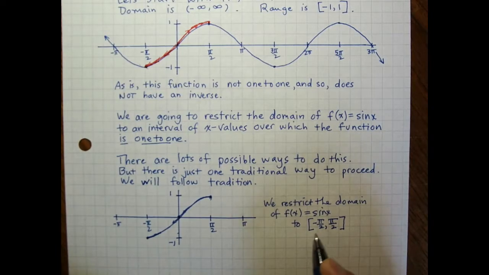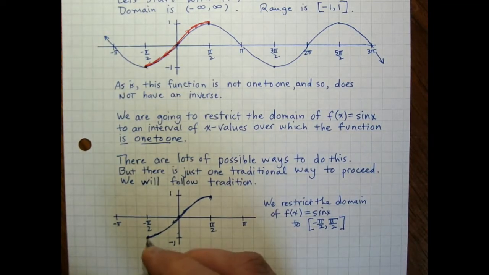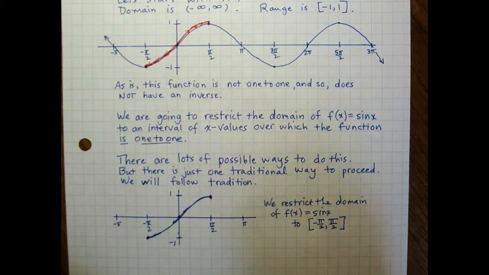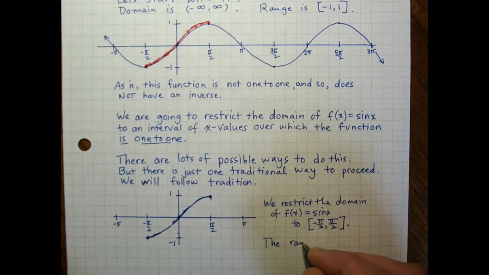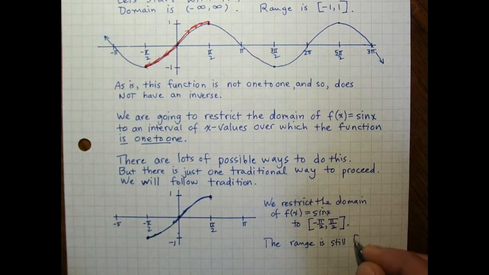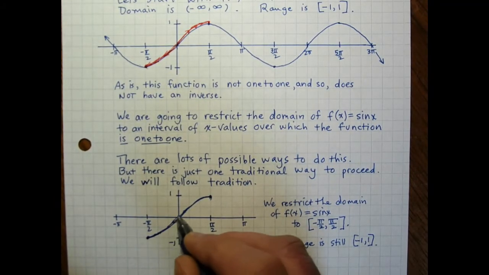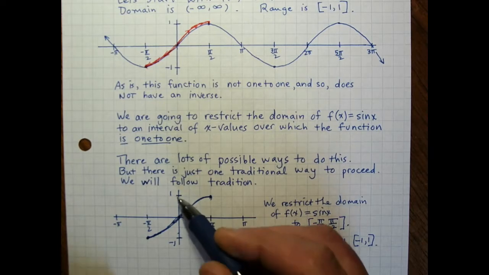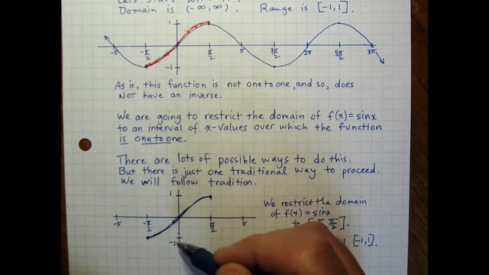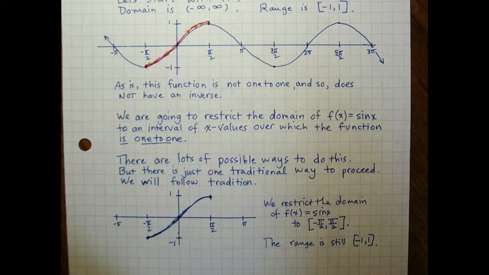I put square brackets around because we're including the x values -pi over 2 and +pi over 2. The range is still negative 1 to 1 in square brackets. So the nice thing about this portion of the graph, or one nice thing, is that we use all possible y coordinates between negative 1 and 1, including negative 1 and 1.